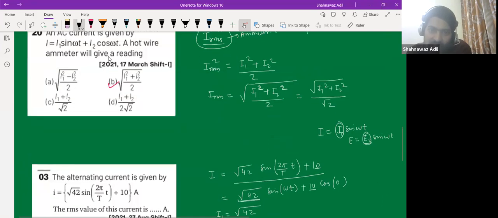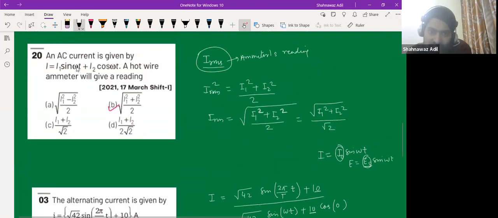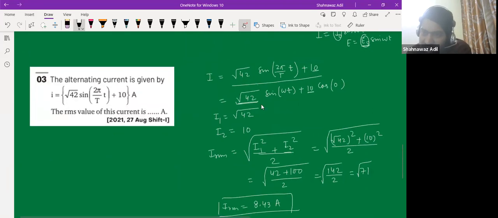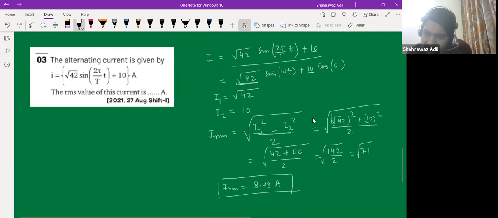In this form, this would be the amplitude. Is it clear? I1 is this, and I2 is this. So then we can write the RMS value. Please note it down, and whenever you have noted it down, please let me know.